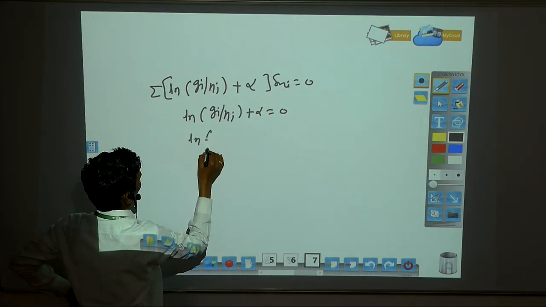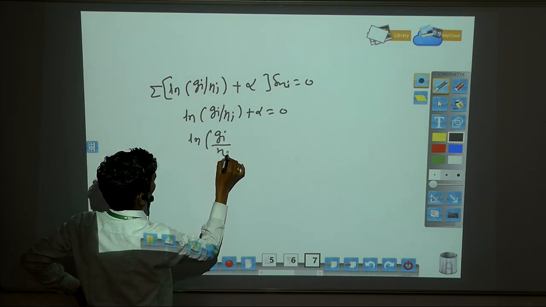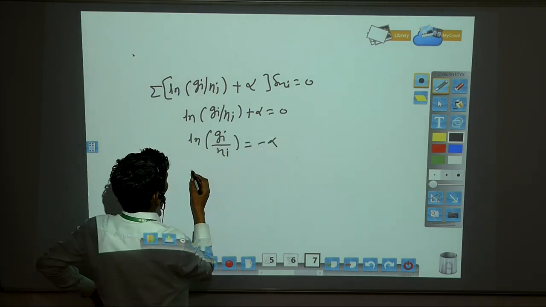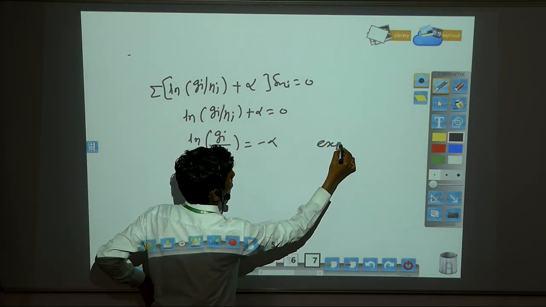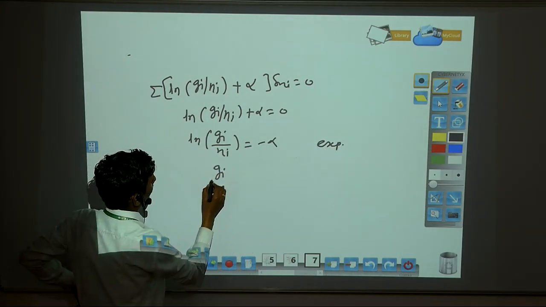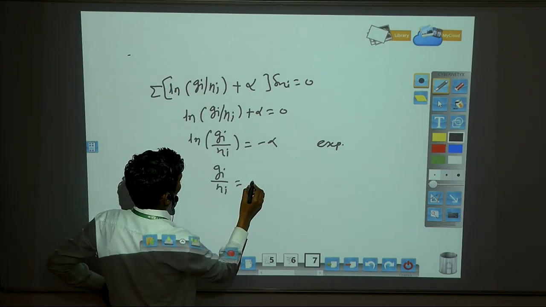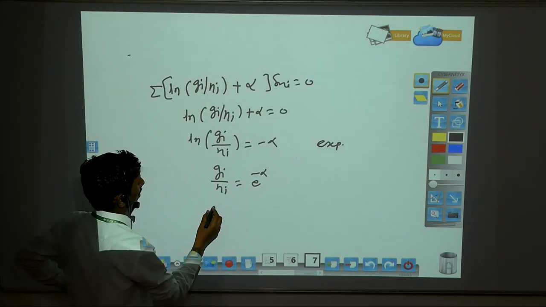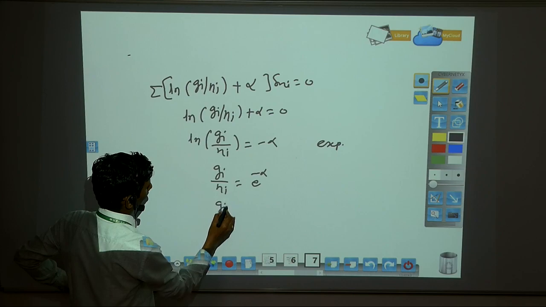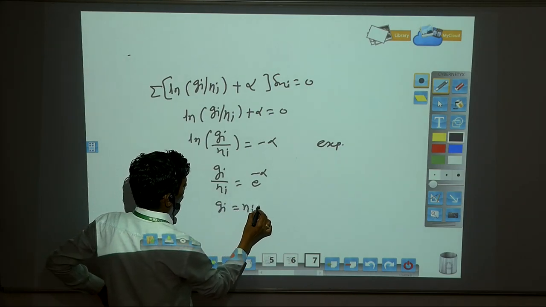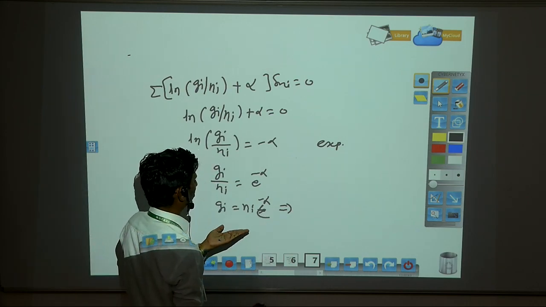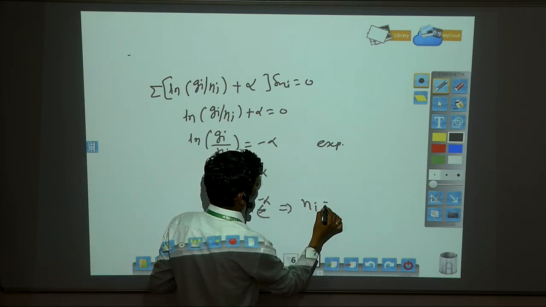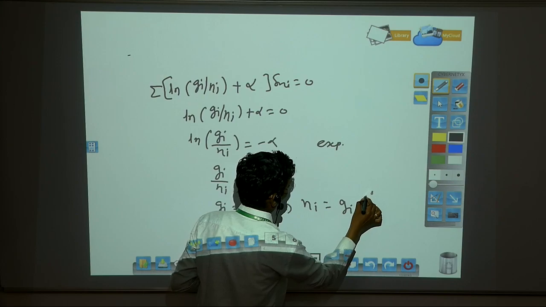Then ln of gi by ni is equal to minus alpha. Taking exponential on both sides, gi by ni is equal to e raised to minus alpha, and we can write gi is equal to ni e raised to minus alpha, or represent it like ni is equal to gi e raised to alpha.